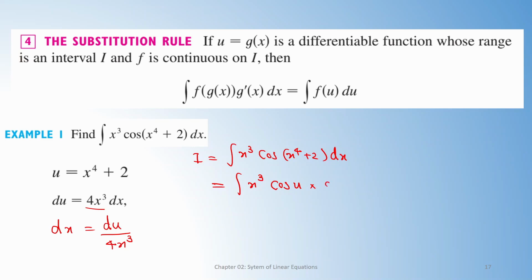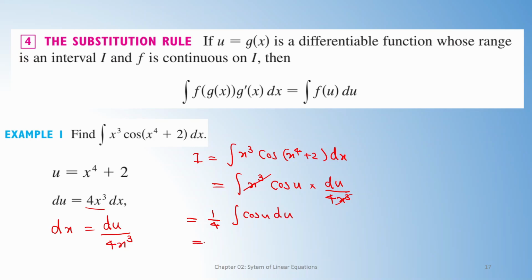dx is du over 4x³. So x³ is cancelled. When you choose the correct substitution, the remaining x term will always be cancelled. So 1 over 4 cos u du.